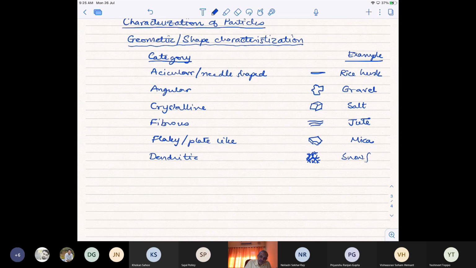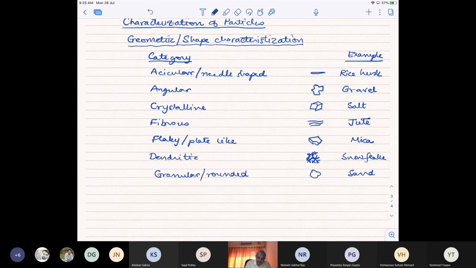Example of this is snowflake. And then of course you have something that's called granular or rounded. This example is a sand particle.